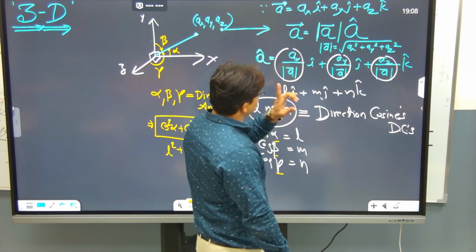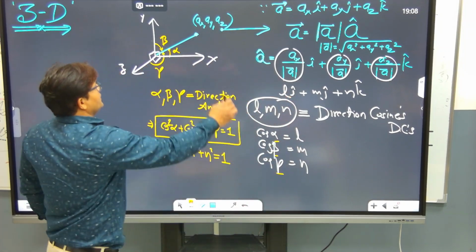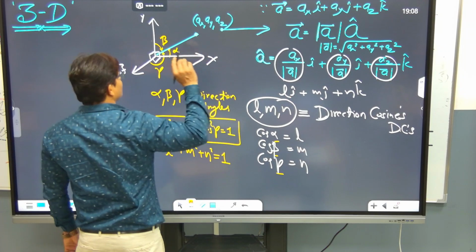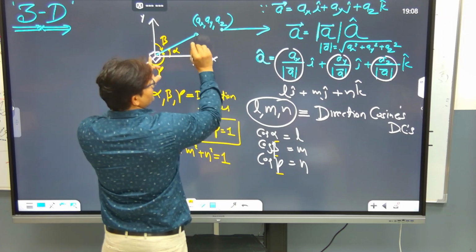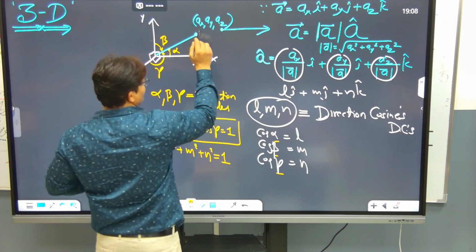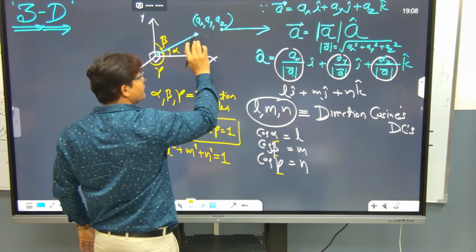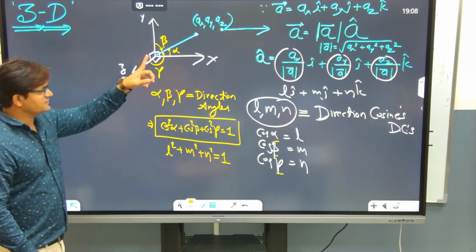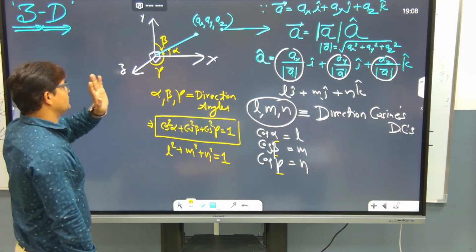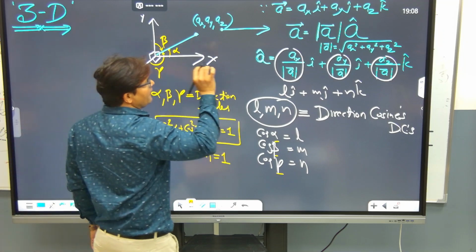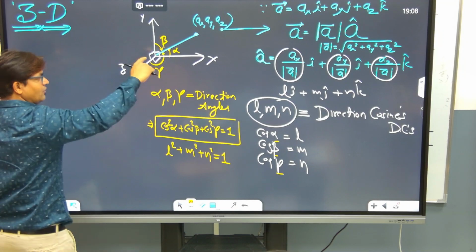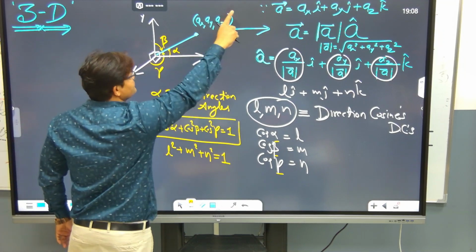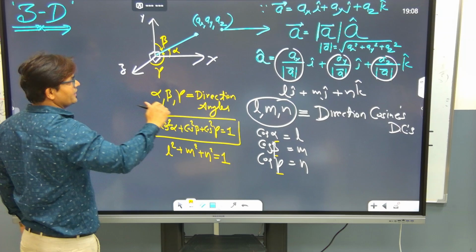Now one important point: on this directed line segment from O to point A, we have infinite points. The coordinate of every point on this line segment, either in this direction or this direction, is what?